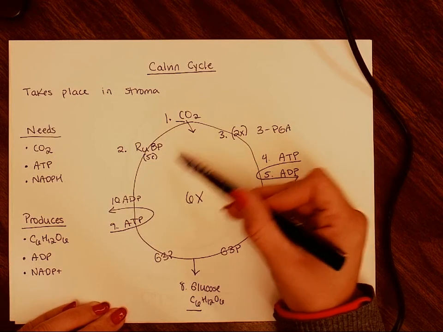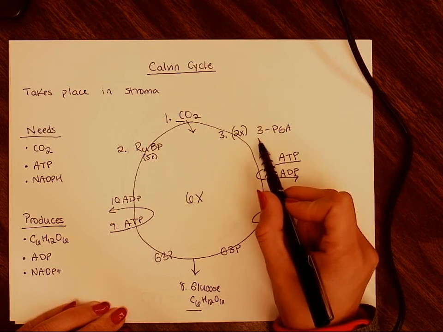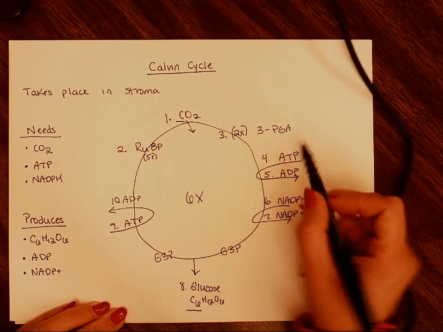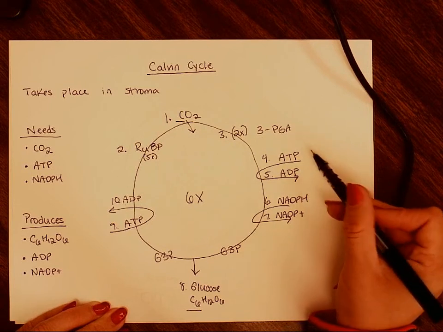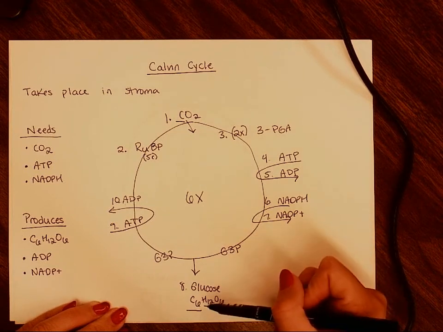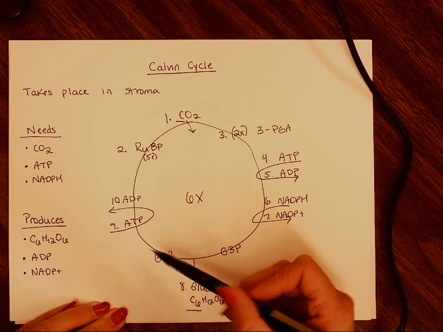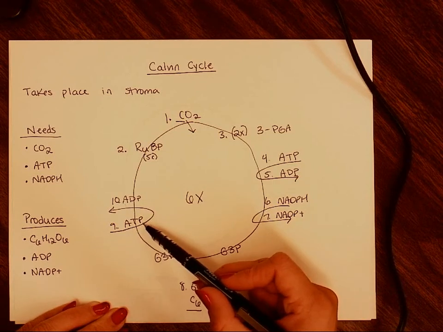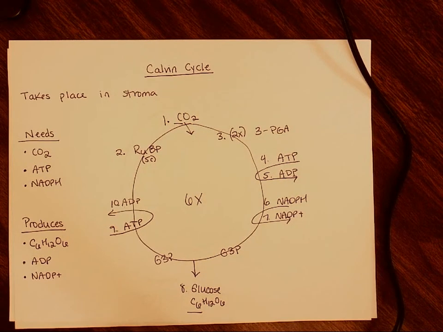Very, very unstable 6-carbon molecule splits down into 2 3-carbon molecules called PGA. Energy and electrons are going to be used to turn 3-PGA into G3P and drop off a carbon to make glucose. G3P is going to then be modified with more energy to regenerate RuBP. And this is our Calvin cycle.